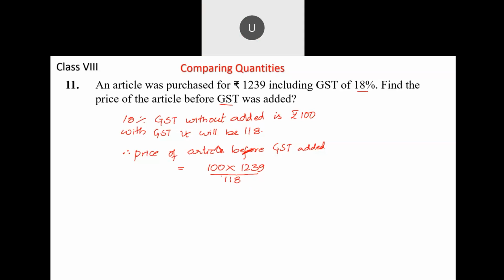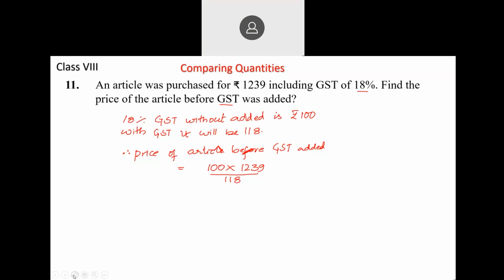Okay, can this be simplified? Is it divisible by 3? The sum of the digits of 1239 is 15, so it is divisible by 3, but 118 cannot be divided by 3.